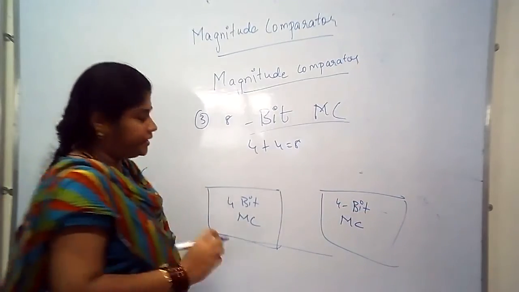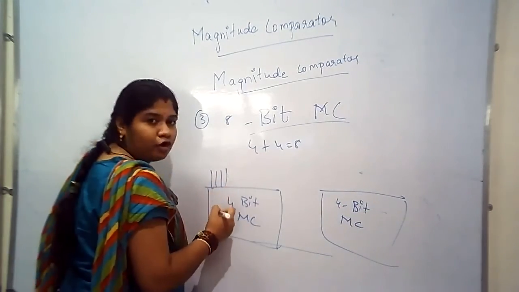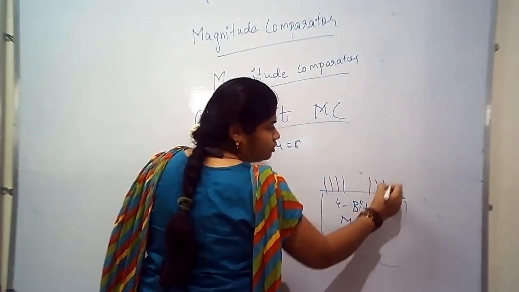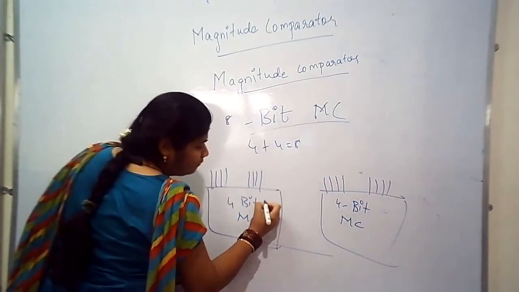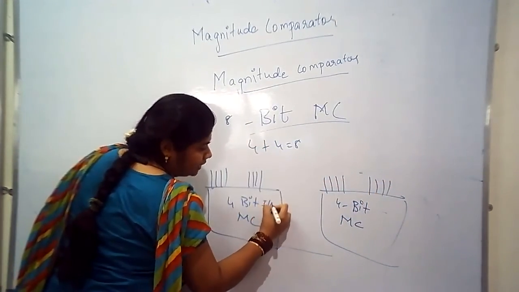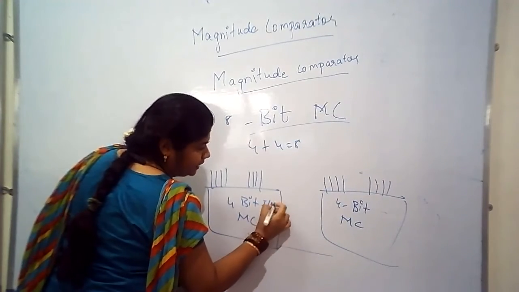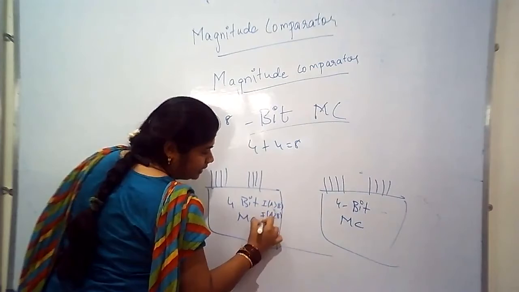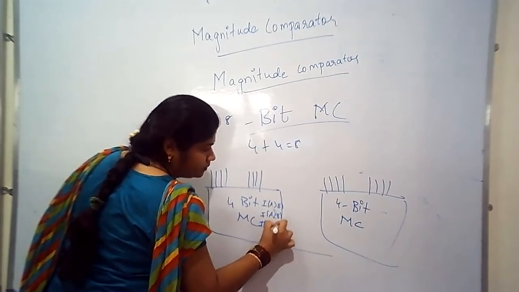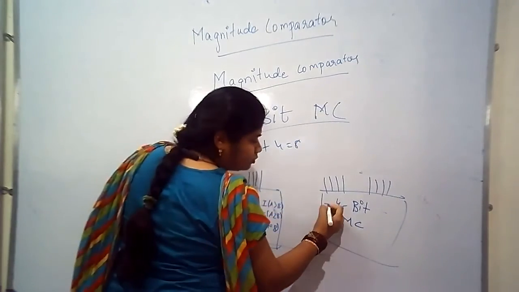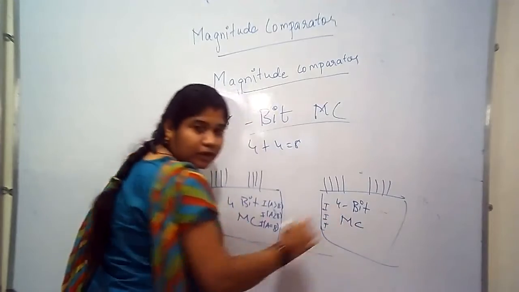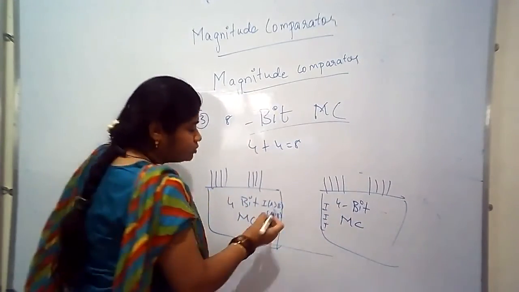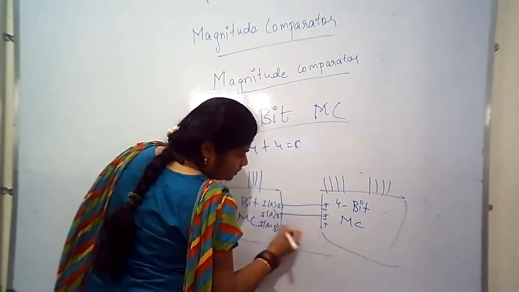No doubt here also we have 4 bits of A and 4 bits of B. I have told you about I of A greater than B, I of A less than B, I of A equal to B. Even this comparator also has I, so both comparators have these inputs and the two can be connected to each other.